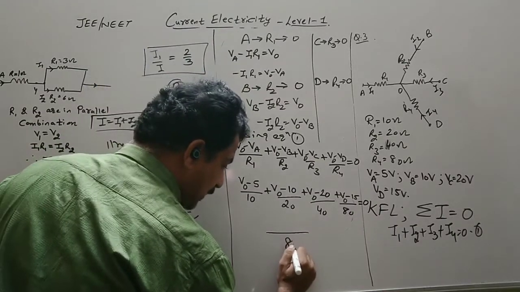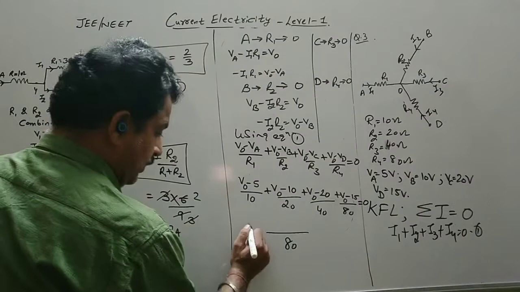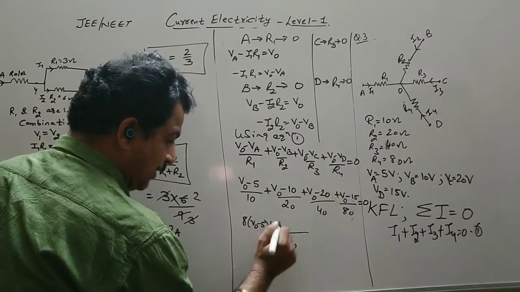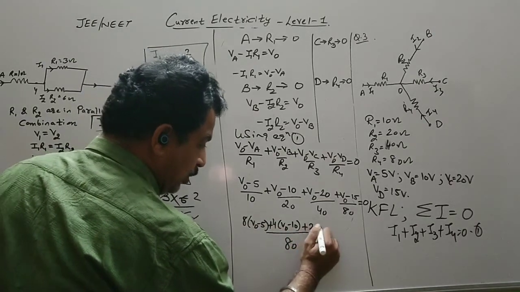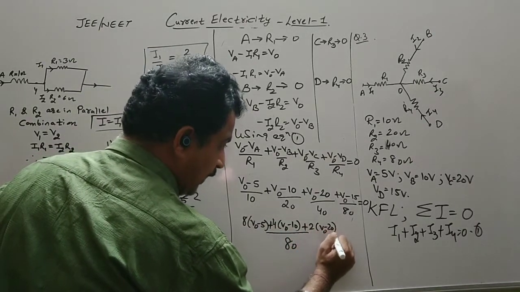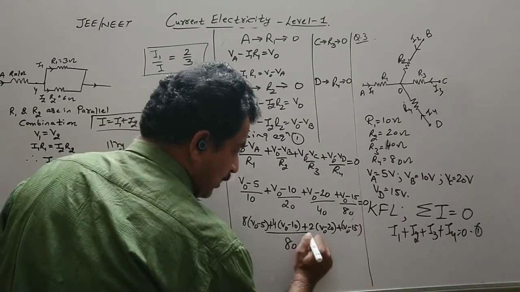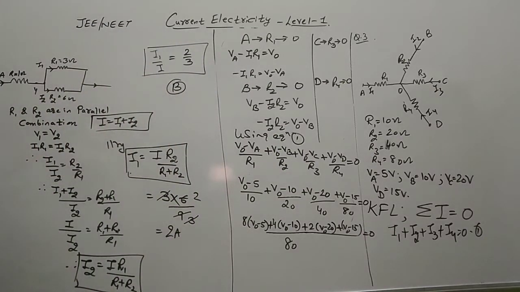So we take the LCM to be 80. So it becomes 8 times V0 minus 5, plus 4 times V0 minus 10, plus 2 times V0 minus 20, plus V0 minus 15, equal to 0.